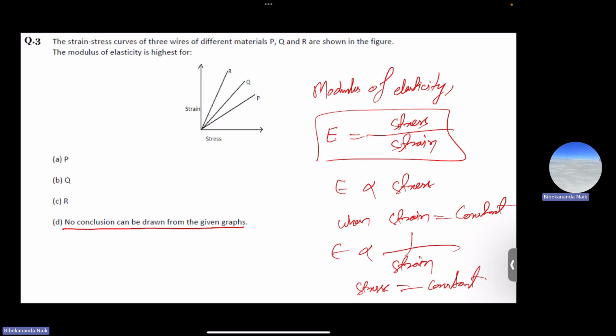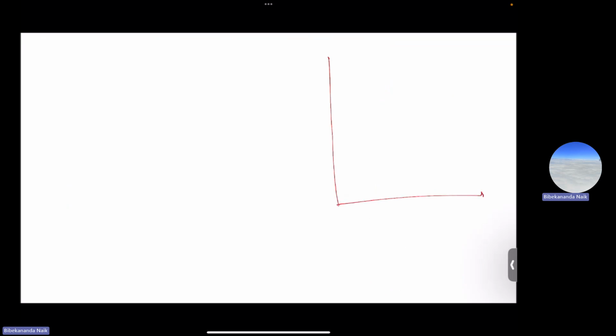So this is the question. This is x, this is y. Along the x axis is stress, along the y axis is strain.